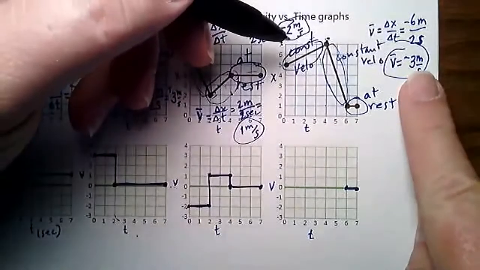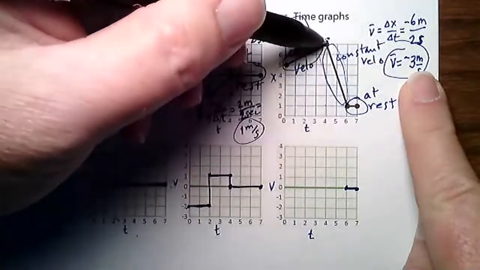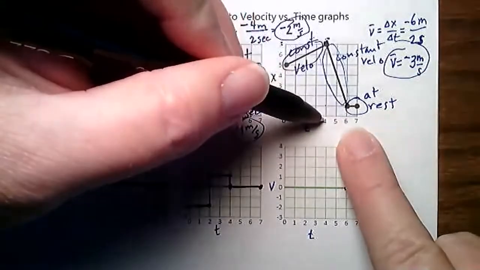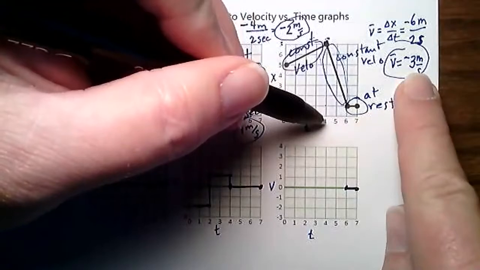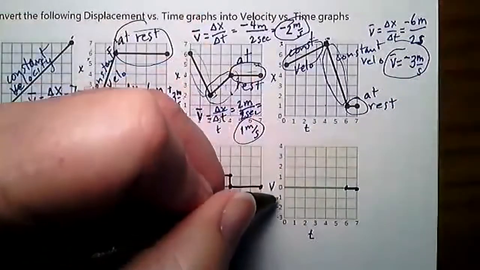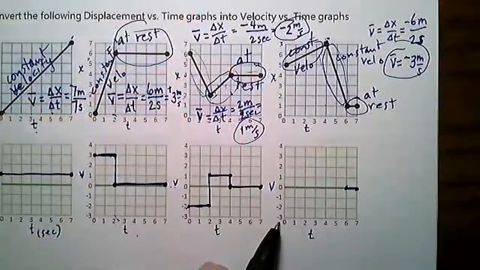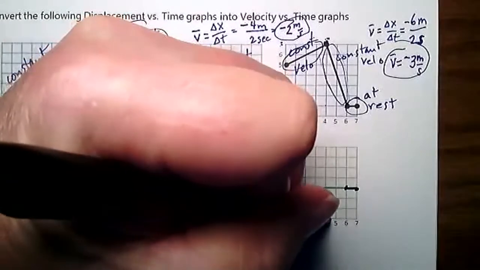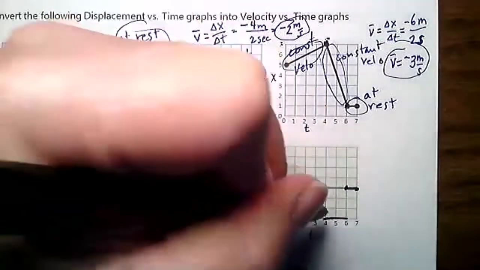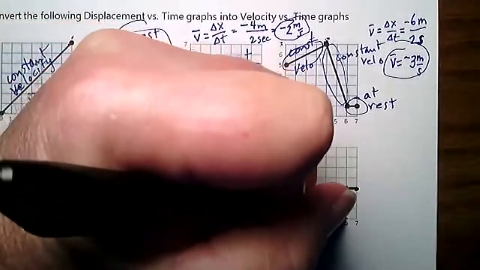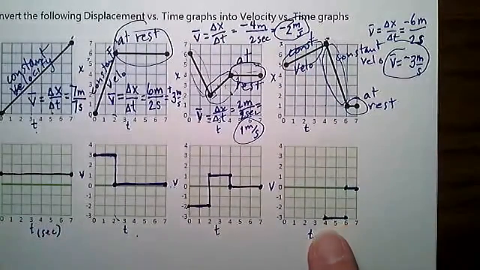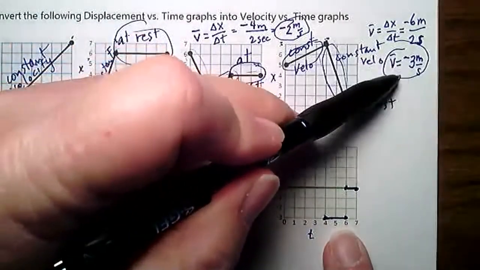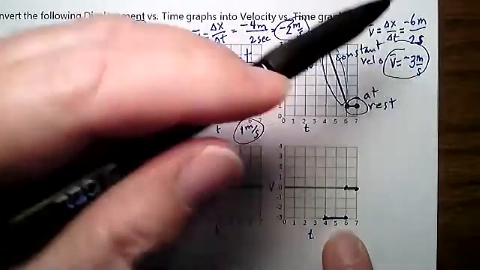So we can go ahead and mark this in between time 4 and time 6. During this period of time, our velocity was -3. So I can go down here and find -3. It's right here on the graph. I'm going to go over between 4 and 6, and I'm going to write a horizontal line in between those two times, because I know that during that period of time the velocity was at -3 meters per second.